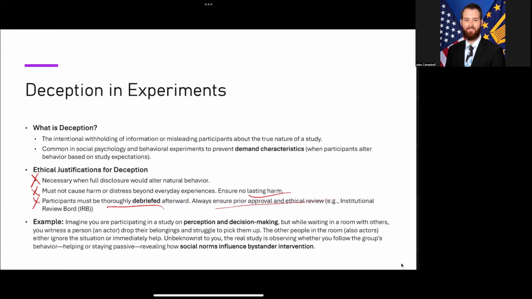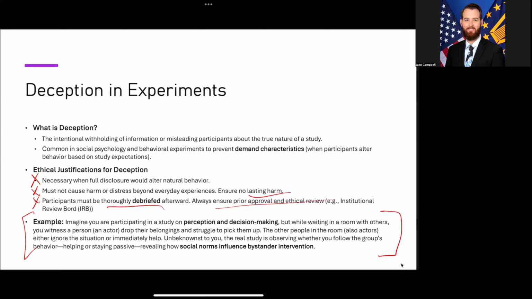So an example of where we might have to use deceit is, let's say we're looking to do an experiment on decision-making perceptions, right? So we have somebody sit in a waiting room with a bunch of other people. Those other people are all actors except for the one person. And then we have someone who's an actor in the situation that we've created drop their belongings and struggle to pick them up, right? We want to see whether that person that we've put in that situation is willing to help or not.